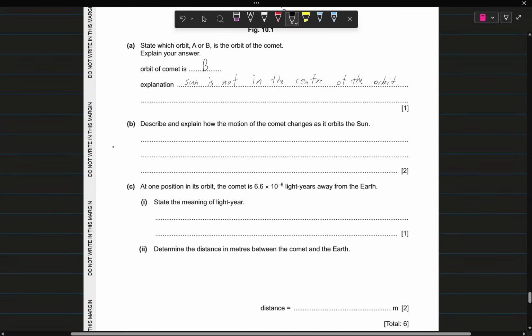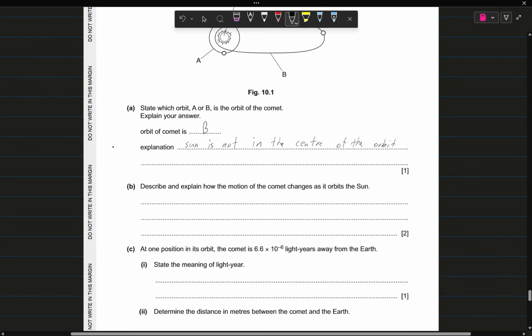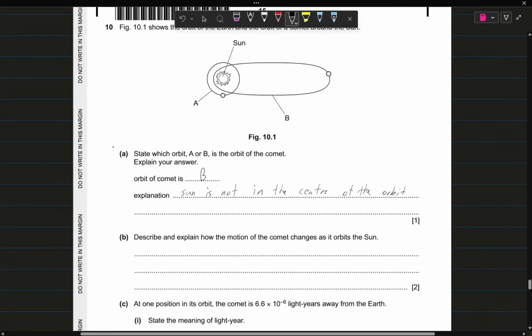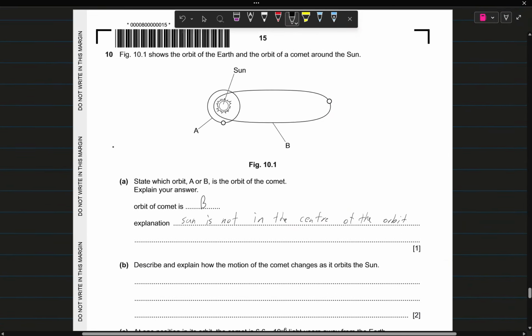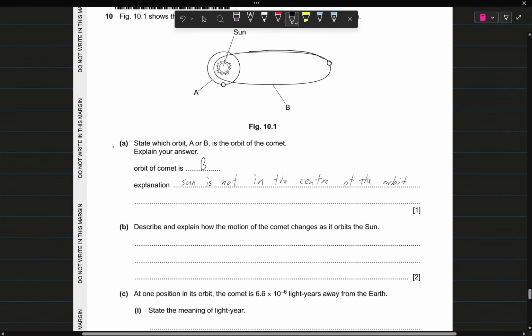For part B, describe and explain how the motion of the comet changes as it orbits the sun. Basically, this is a slingshot effect: when it becomes closer to the sun, it will gain kinetic energy and so increase in speed, and as it leaves the sun, it will be launched further apart.